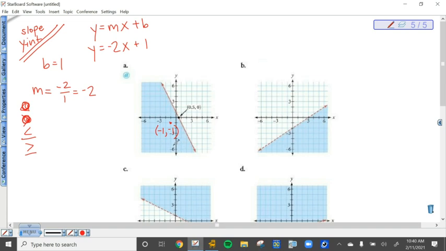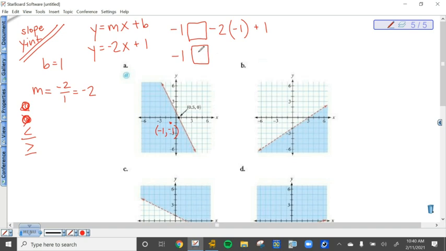So I plug in negative 1 for y and negative 1 for x, but I'm going to skip the equal sign. I'll draw a box so we know we're going to fill it in.